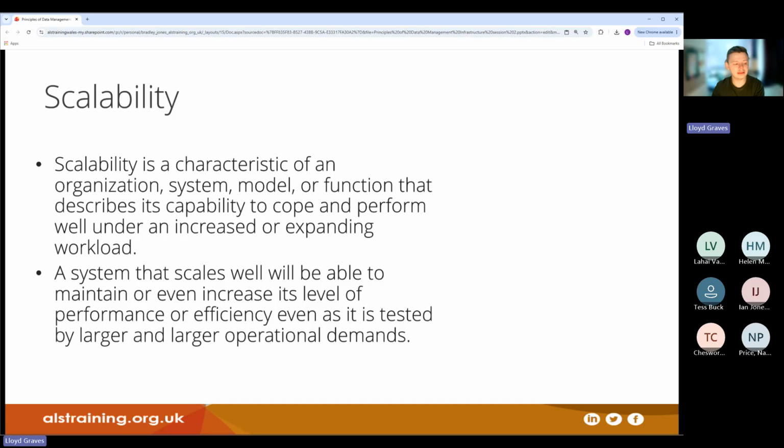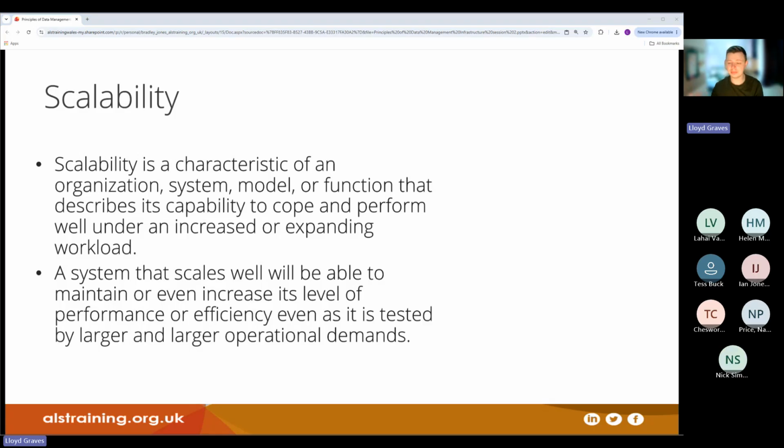So yeah, like it says here as well, a system that scales well will be able to maintain or even increase this level of performance or efficiency, even as it is tested by larger and larger operational demands. I guess the key there is operational demands. An operational demand could be storing lots of data. An operational demand could be processing more and more data.